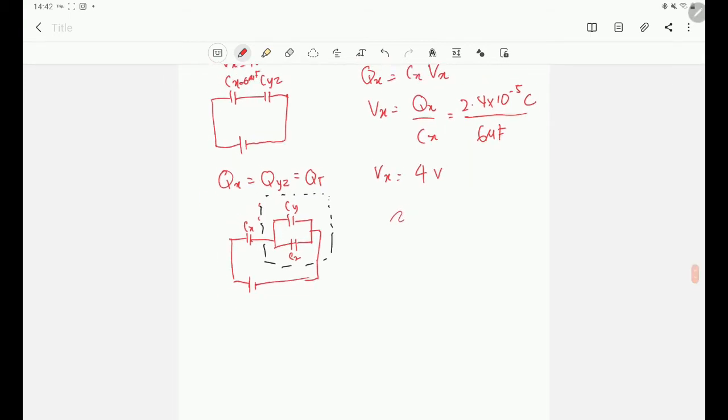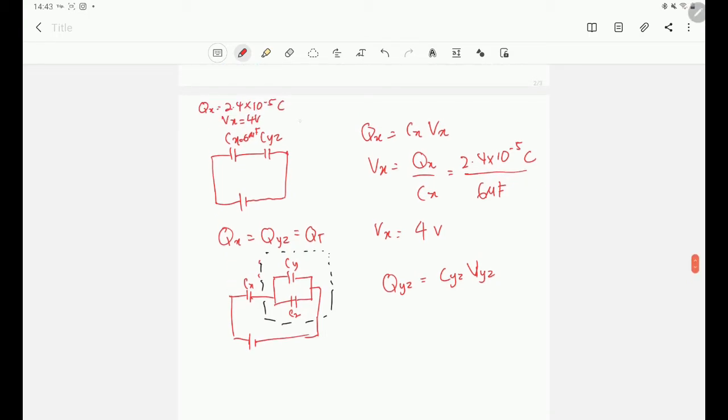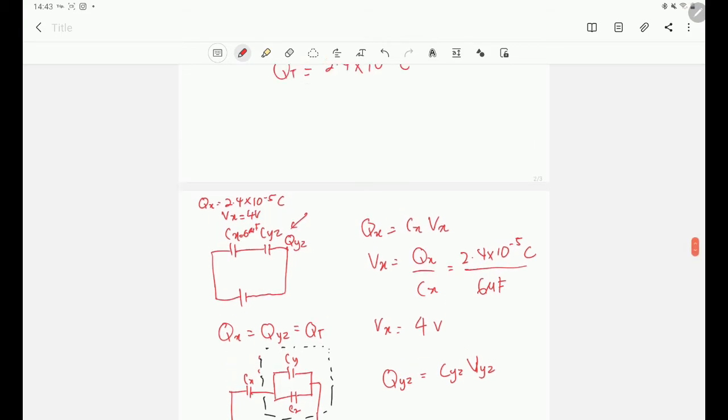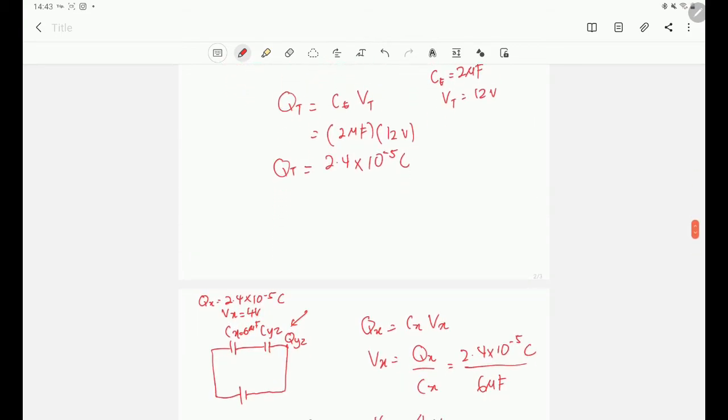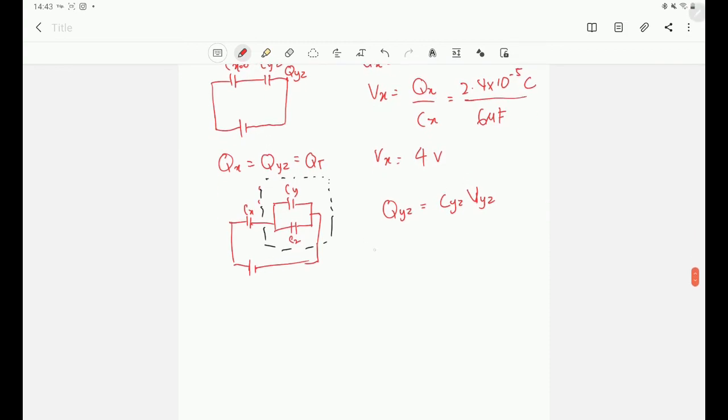Alright, so QYZ is equals to CYZ times the VYZ. So we know that QYZ is the same as the QX and also equals to the QT.